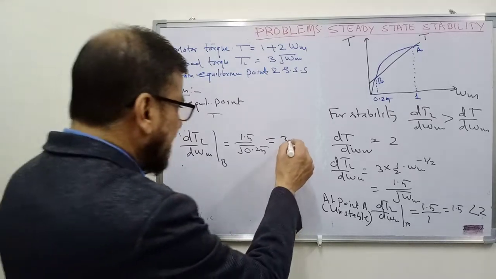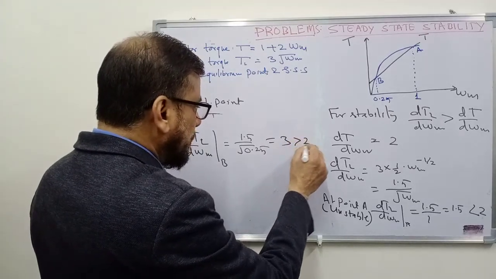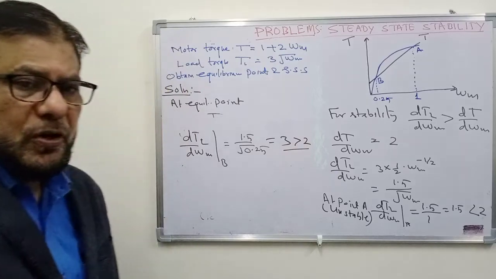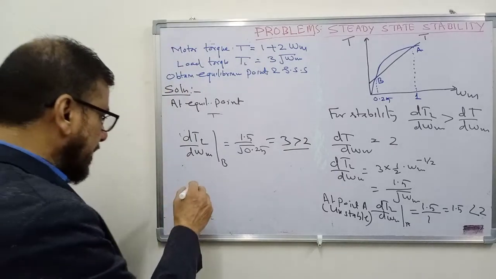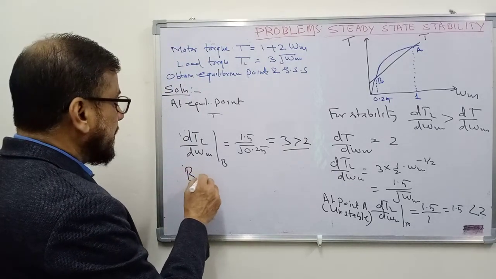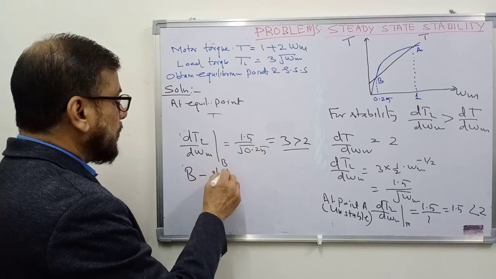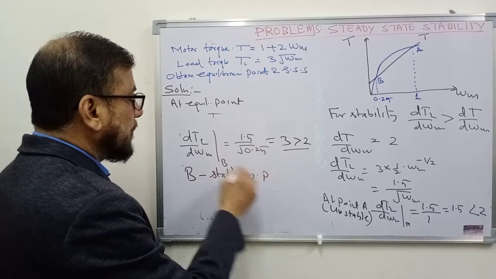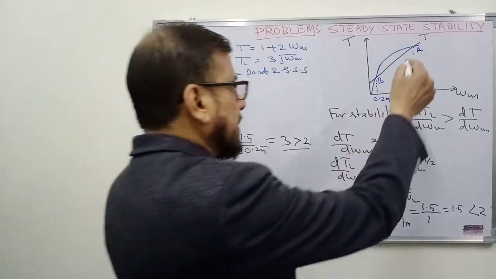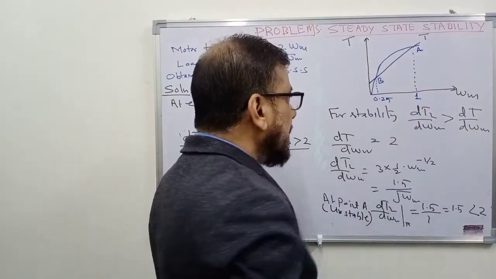So this is greater than 2, that is dT upon d omega m. So you can conclude that point B is a stable operating point. So point A is unstable and point B is stable.